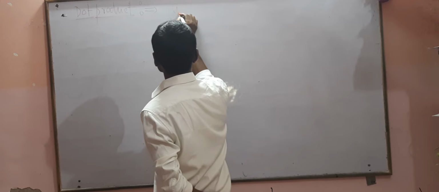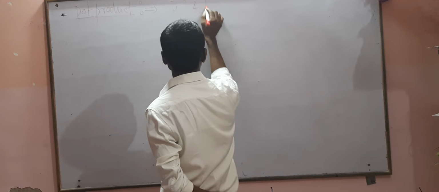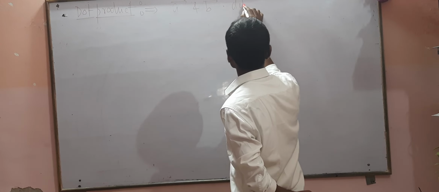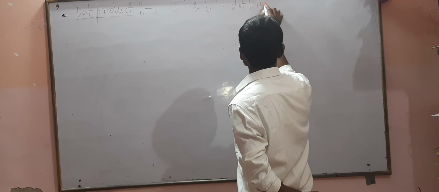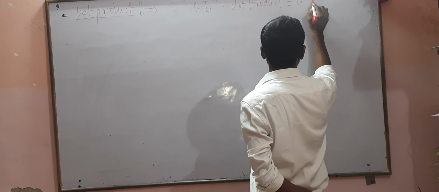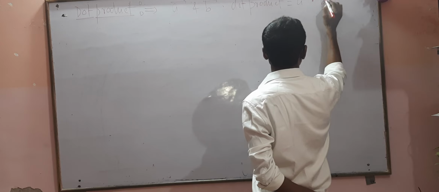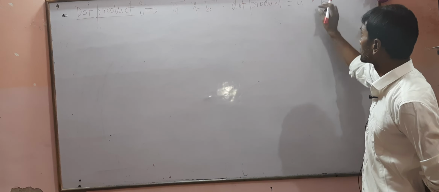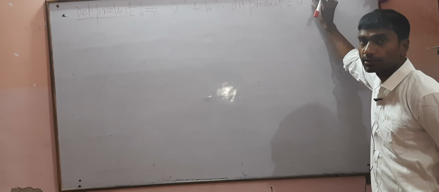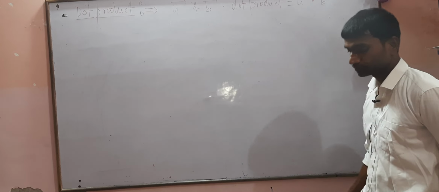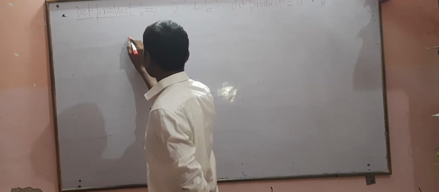If we try to find the dot product, it will be equal to vector A dot vector B. The representation of the dot product uses this point, so the dot product of two vectors is A dot B.